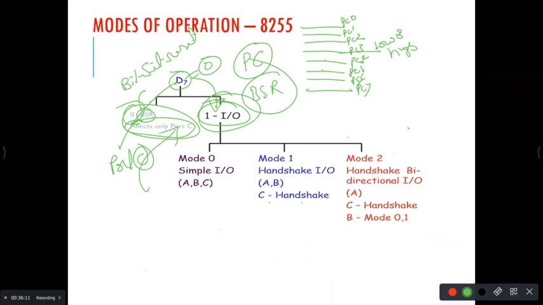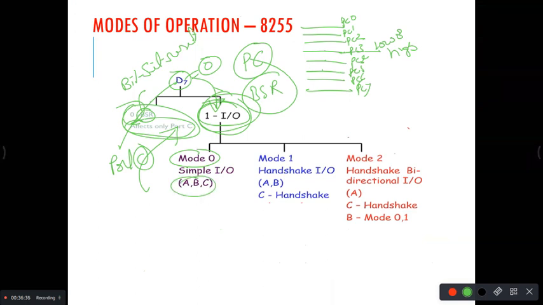When your 8255 is used in IO mode, it works in different modes. You have port A, port B, port C. See here, mode 0. This is the mode which you are going to use extensively. Mode 0 is simple IO mode.